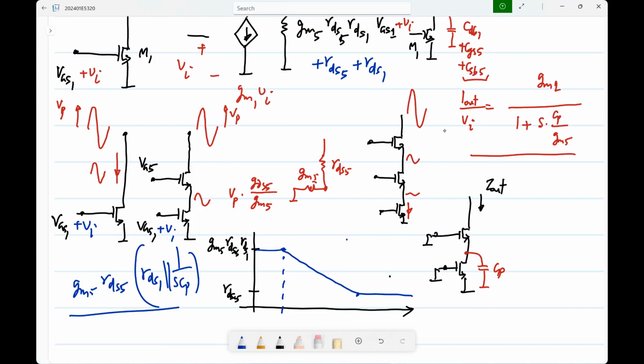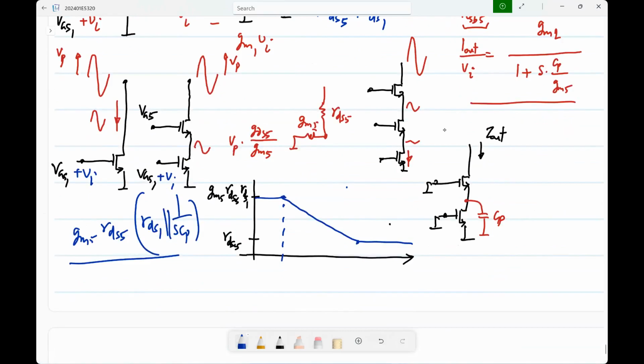So where is this pole now? It is related to RDS1 and CP, not GM5 and CP. Okay. And where is the zero?